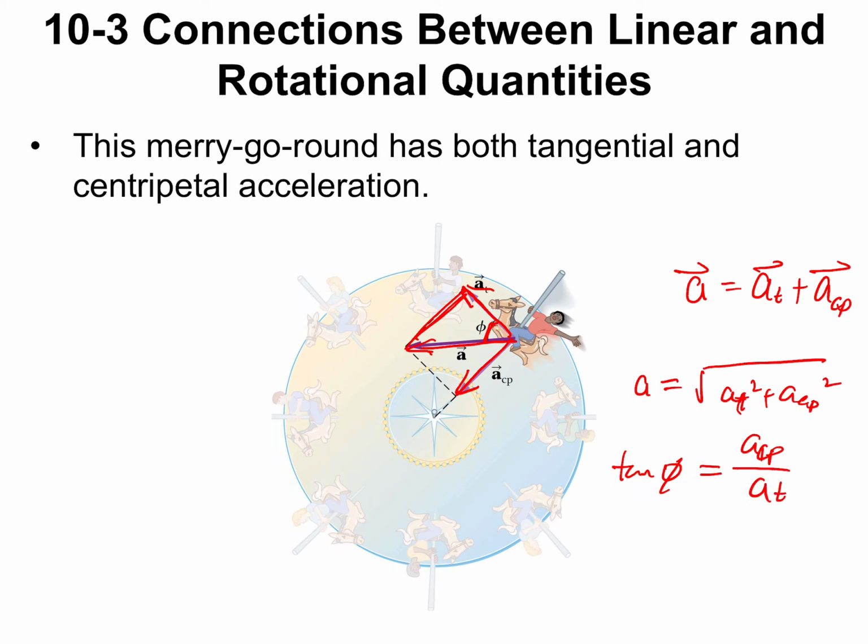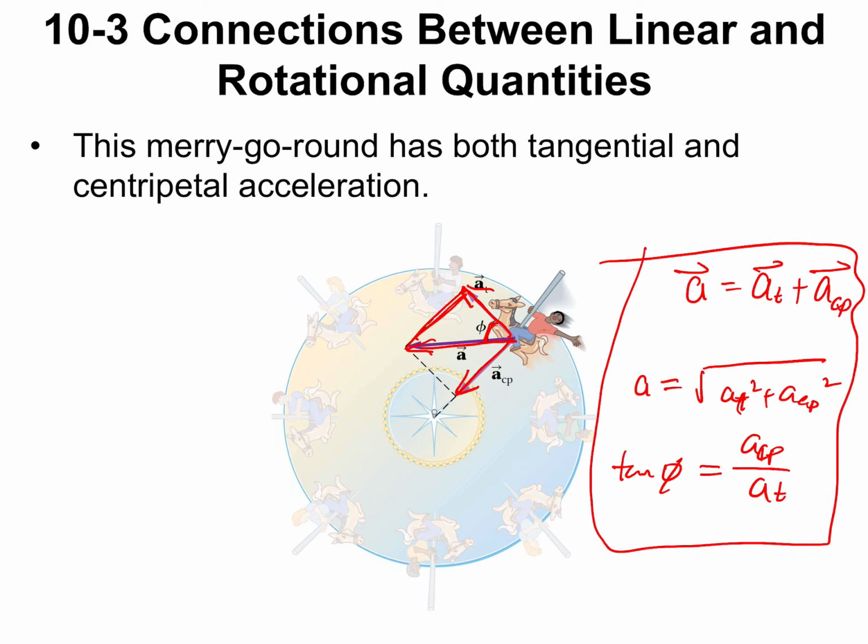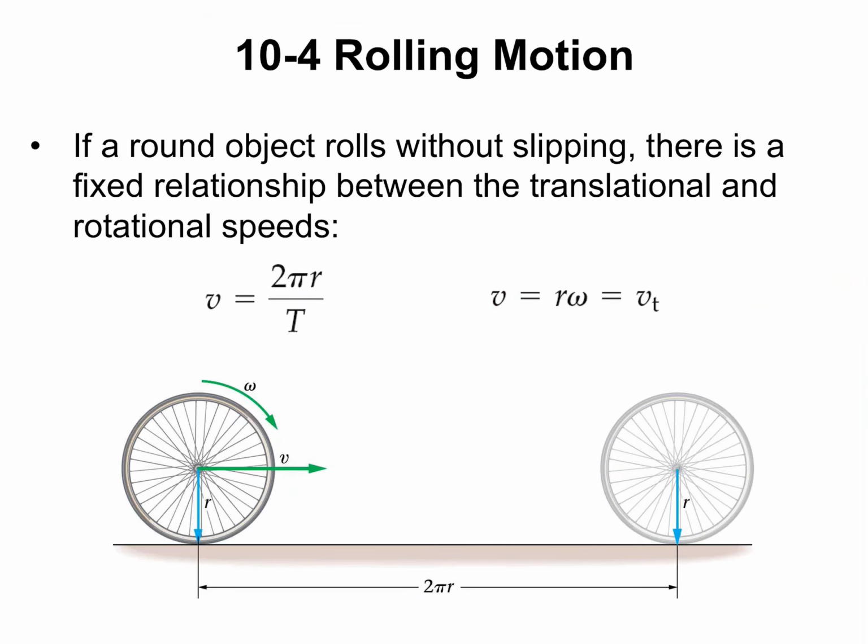So you can figure out the net acceleration. If you have circular motion, you always have two accelerations, one in the radial direction, one in the tangential direction. Put them together, that is the net acceleration. So that's all about the kinematics of rotational motion.